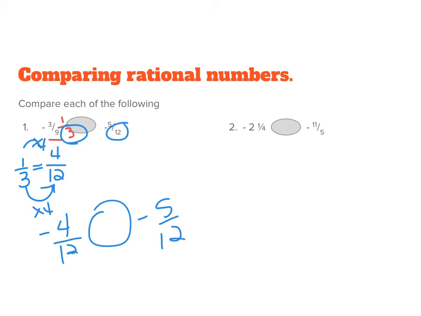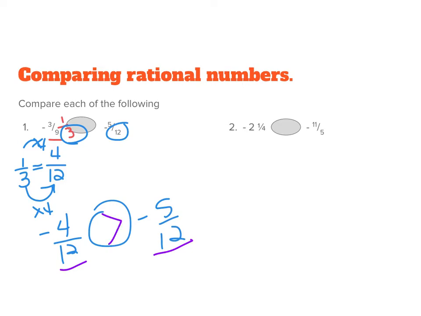So now that they both have common denominators, like you see it here, then what we're going to do is we're just going to compare the numerators. So because they're negative, remember, the bigger the number, the smaller the value. So negative 4 and negative 5, because 5 is bigger when it's not a negative, then that's going to have a smaller value. So that means negative 5 is less.